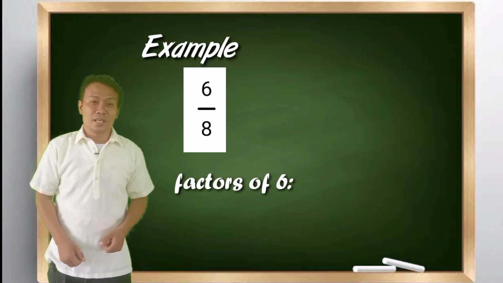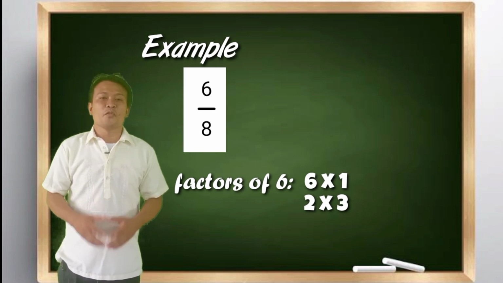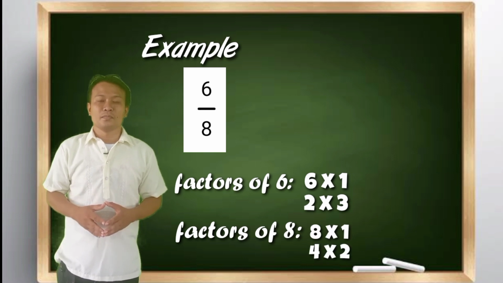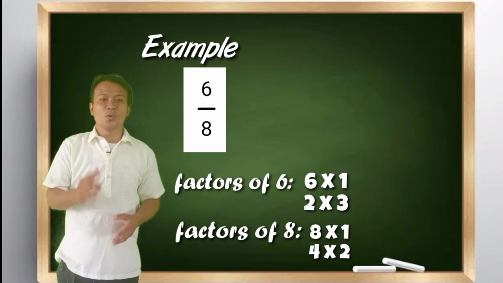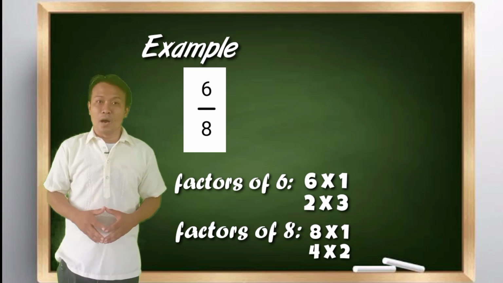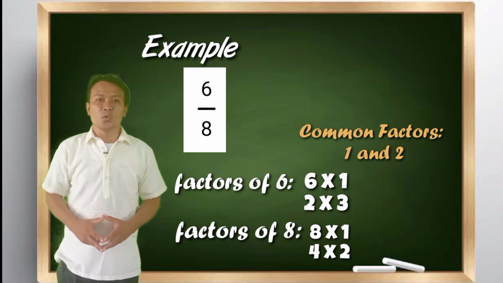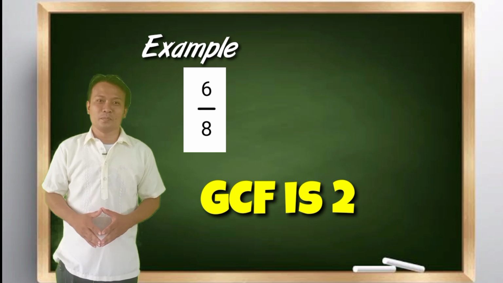We have 6 times 1, 2 times 3. For the factors of 8, we have 8 times 1, 4 times 2. By looking at the factors, the common are 1 and 2. So 2 is the GCF, or the greatest common factor.